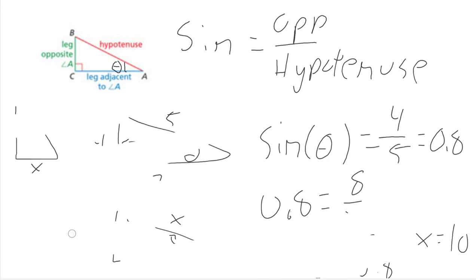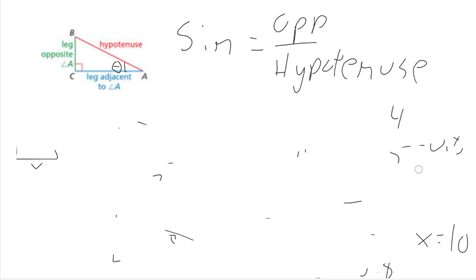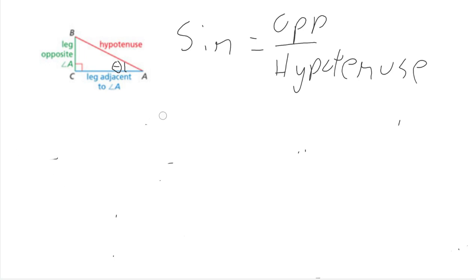Which means, let's talk about all the different possibilities. Sine is opposite over hypotenuse, which sometimes gets shortened to SOH.